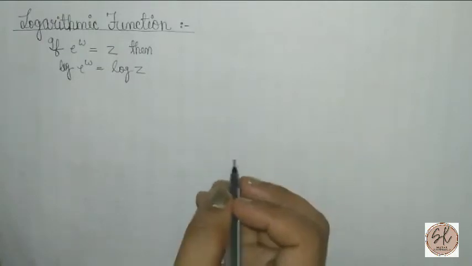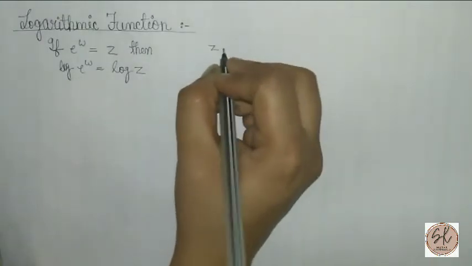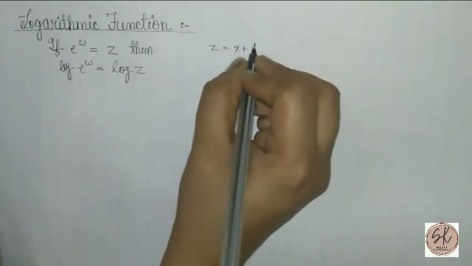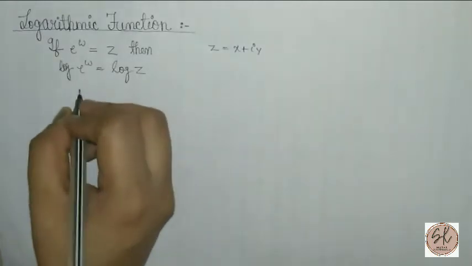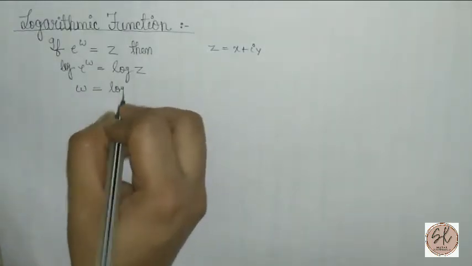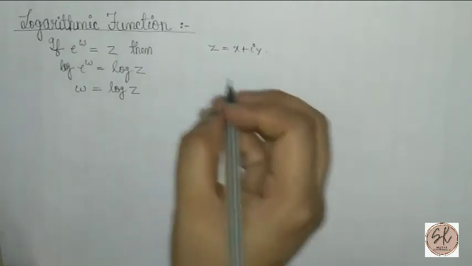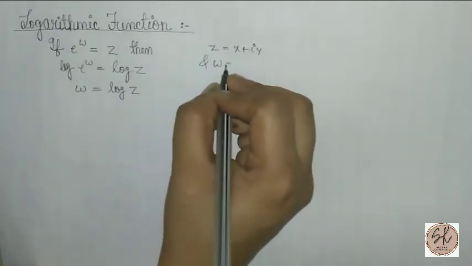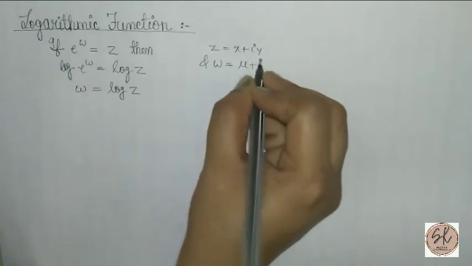We know that z = x + iy. So here this reduces to w = log z, and w = u + iv.